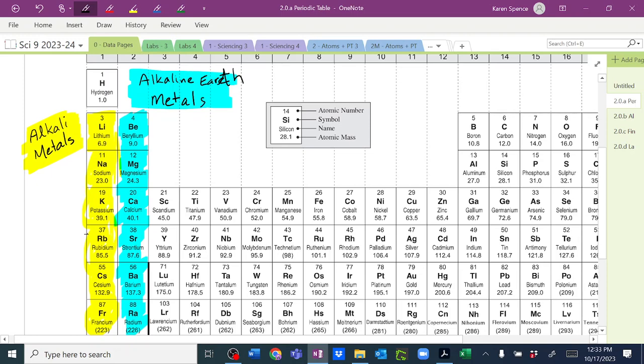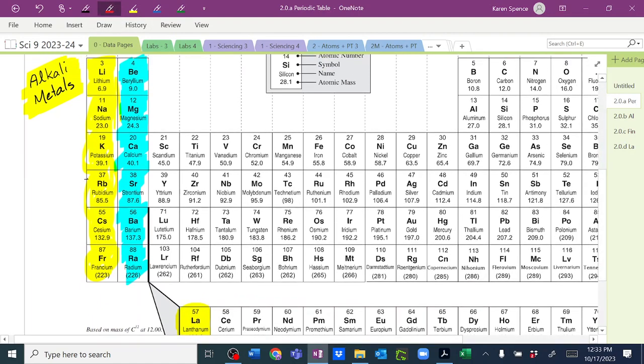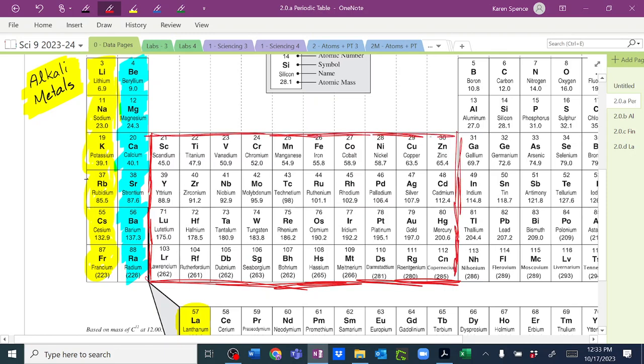And then we have everybody in the middle. What do we call all the guys that are inside of this red box here? Tell your partner. Those are the transition metals.